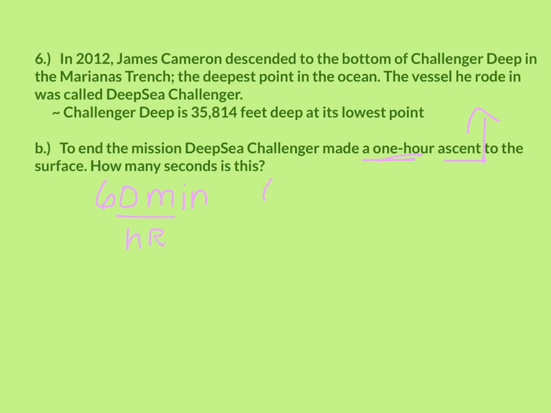And I know that there's 60 seconds per minute. So that would mean I'm going to multiply these together. 60 times 60, well, 6 times 6 is 36. Can't forget those zeros. So that's 3,600 seconds.